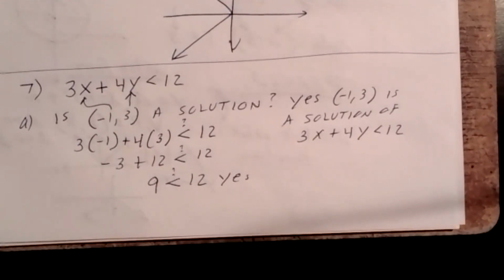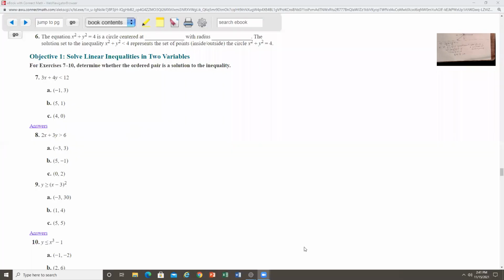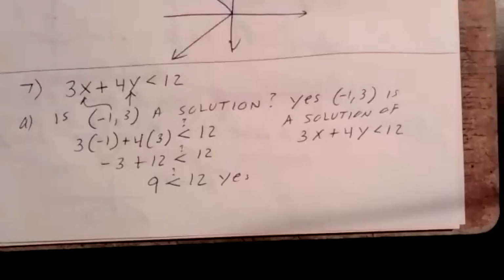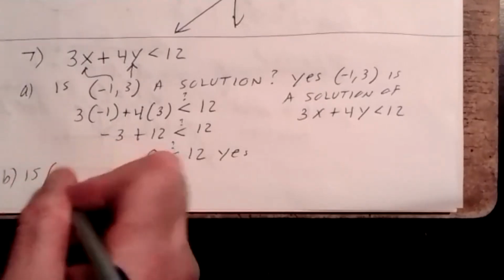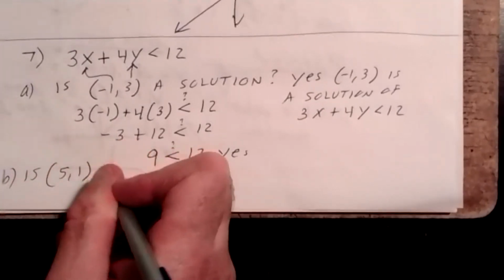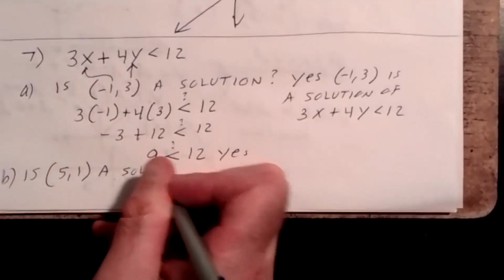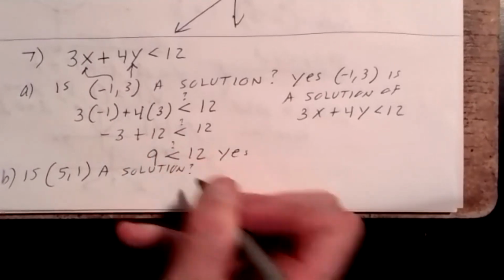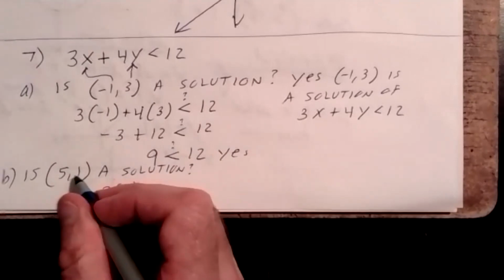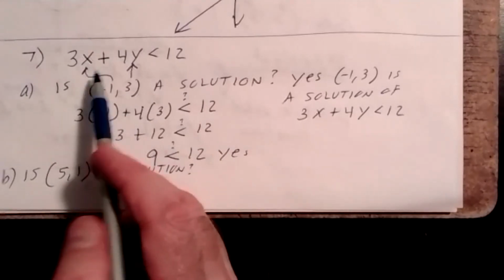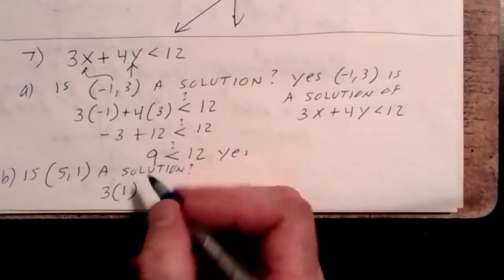All right. Is 5, 1 a solution to that inequality? Well, one way to find out: replace the x variable with the x coordinate 5, and replace the y variable with the y coordinate of 1.